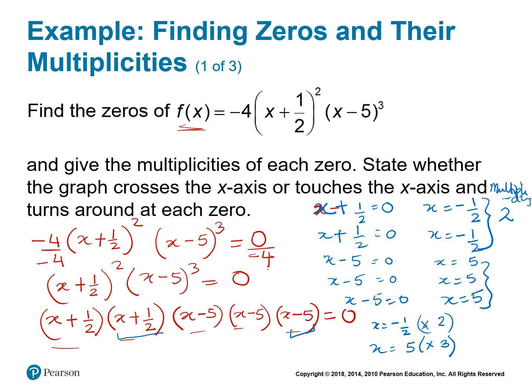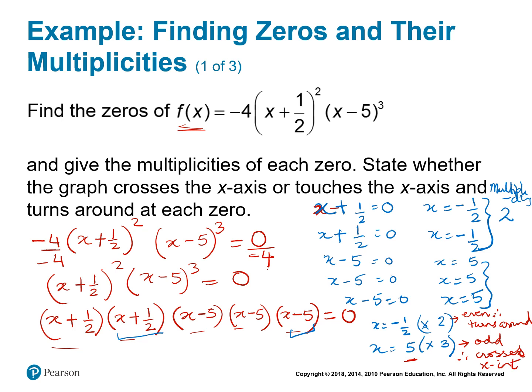So this is even, therefore it turns around. It changes direction. Whereas in the case of 5, it's odd, therefore it crosses the x-intercept. So that's what we figured out.